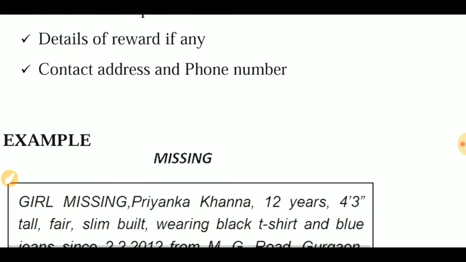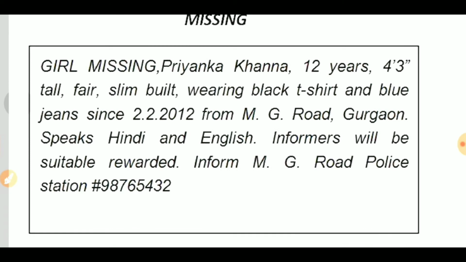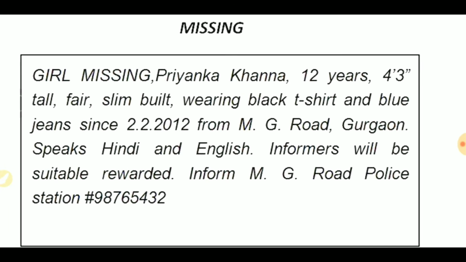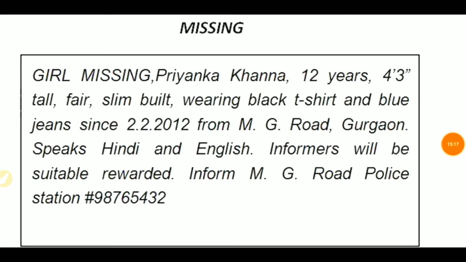Here is an example for a missing person. A girl missing, the title will be "Missing". Girl missing, name is Priyanka Khanna, 12 years, 4 feet 3 inches. She is fair, slim built, wearing a black t-shirt and blue jeans.